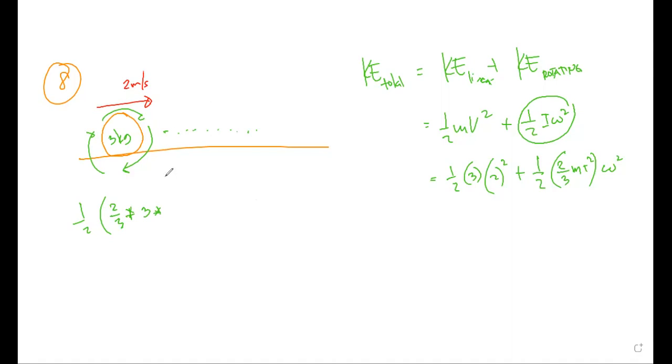So 7.5 cm, that is 0.075 meters square. Okay, and you multiplied by omega square.